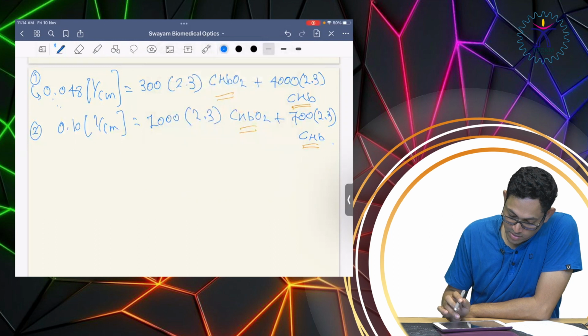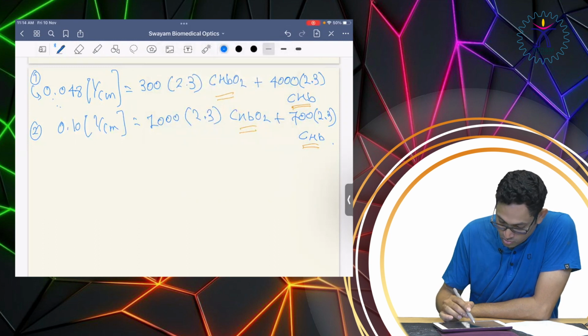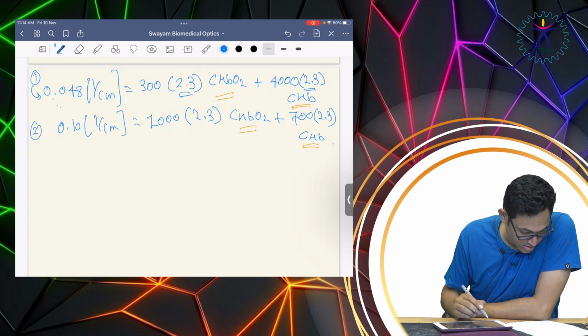I can put this 2.3 on the left hand side.